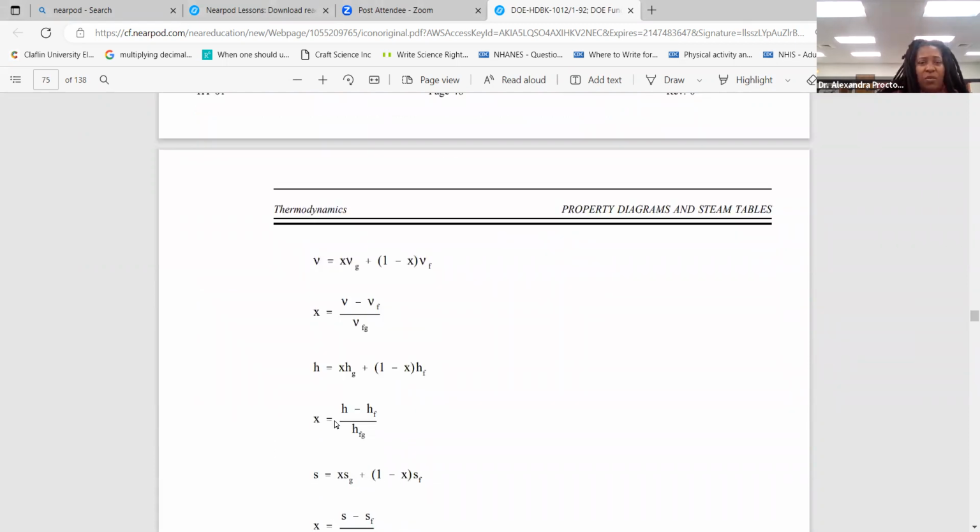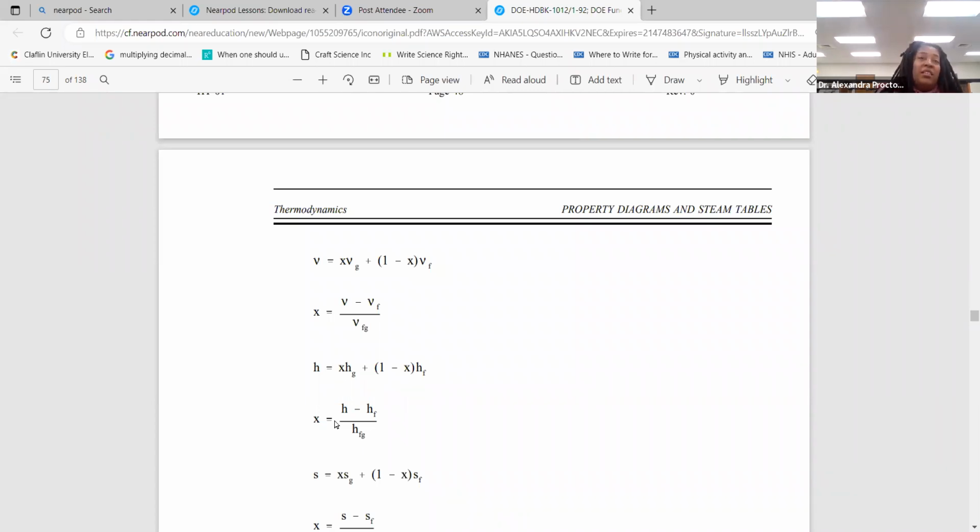They show how they mathematically defined it. V is equal to X V sub G plus 1 minus X times V sub F. Get X by itself: X is V minus V sub F divided by V sub FG.